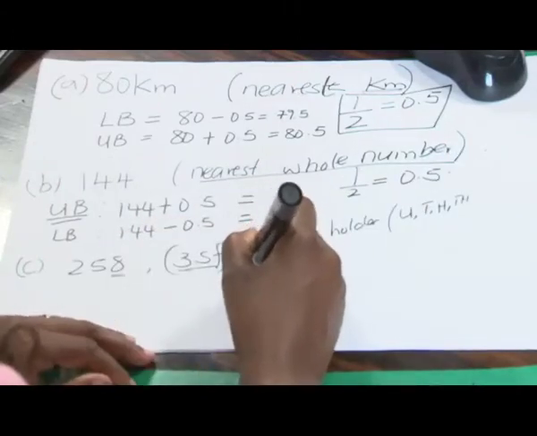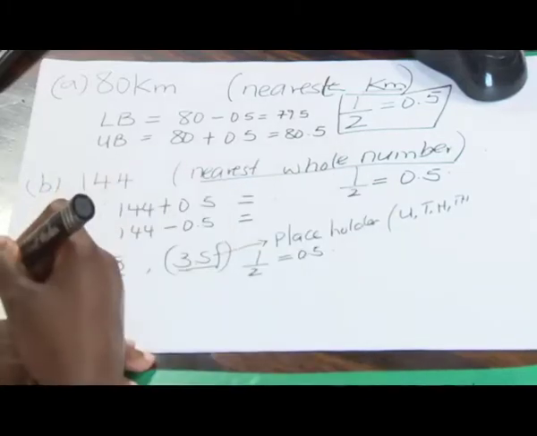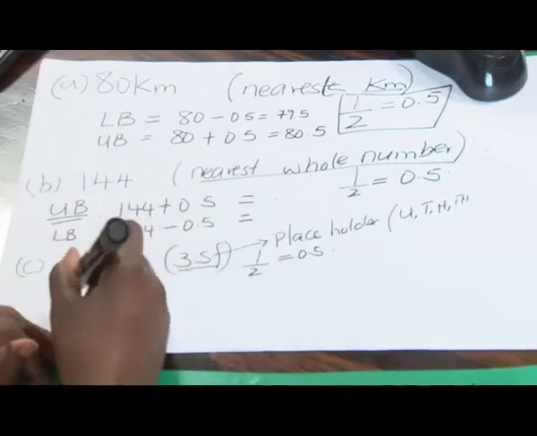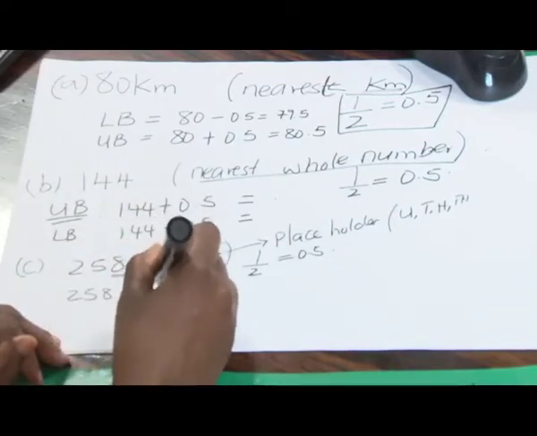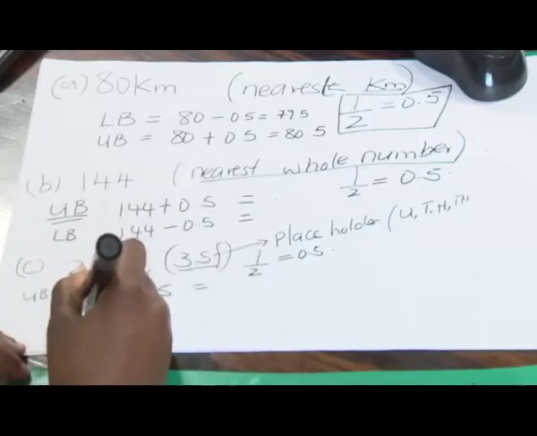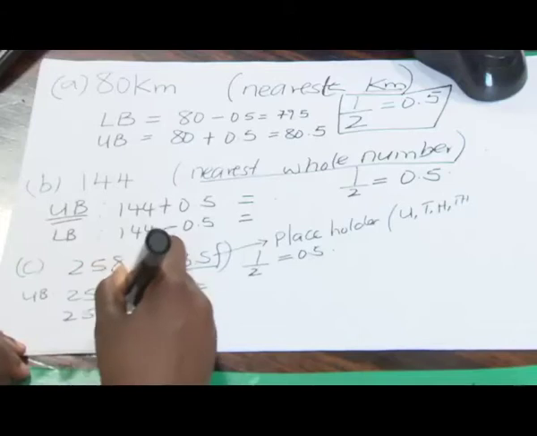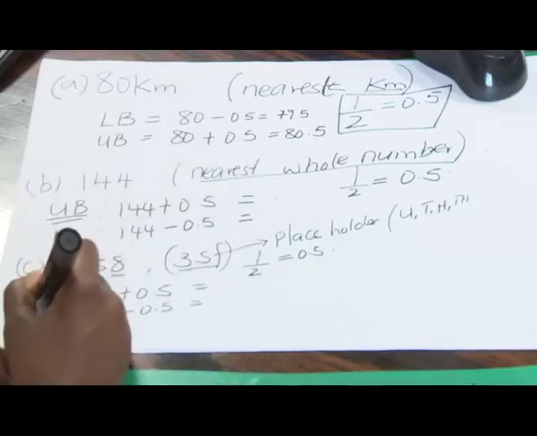Then we divide it by 2, then we get 0.5. Then we take 258 plus 0.5 if you want to get your upper bound, and you take 258 minus 0.5 if you want to find the lower bound.